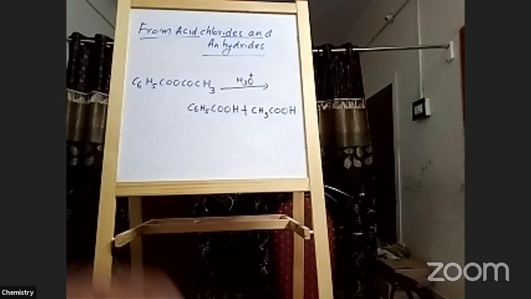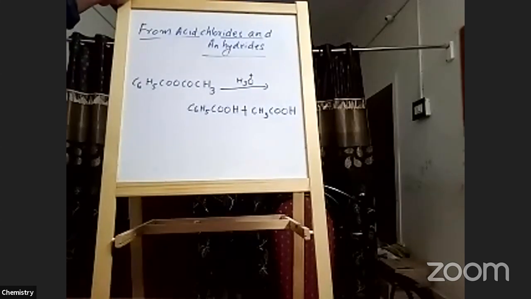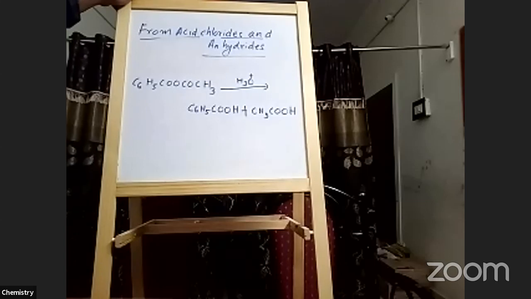So from anhydrides and acid chlorides we have seen hydrolysis only. What we have taken from acyl chloride also, with water directly they are producing carboxylic acids. On base they are producing carboxylates, then after further hydrolysis again carboxylic acids are produced. From anhydrides directly they are giving, what is that?